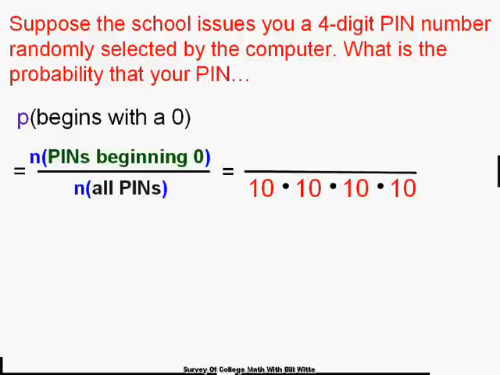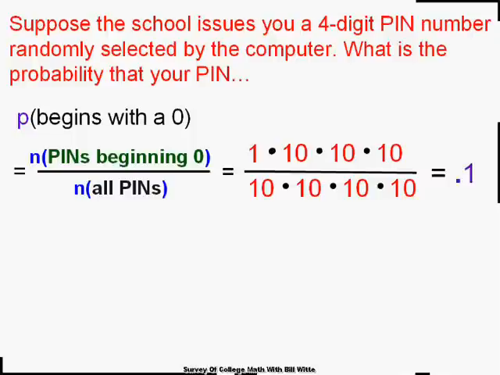How many PINs begin with 0? Well, for the first number, how many choices do I have? Just 1. For all the other numbers, I can have anything else. So that will be 10 times 10 times 10. You get the idea? So what's this? Everything's going to cancel, and I'm going to get a 1/10 chance of beginning with a 0. That seems reasonable because it's 10 digits.